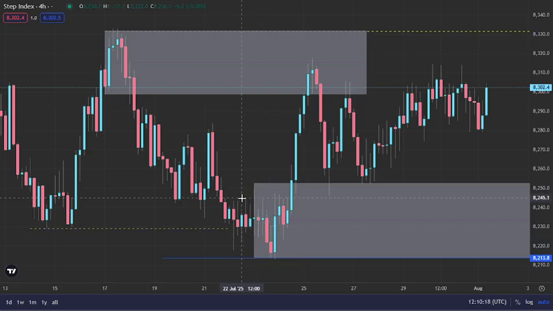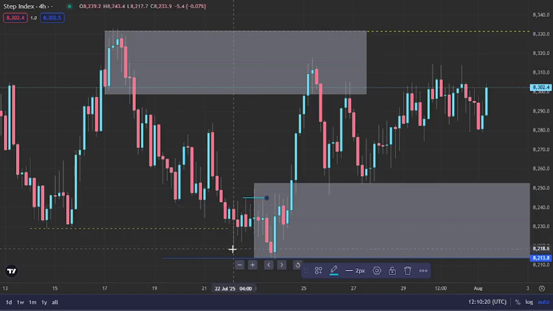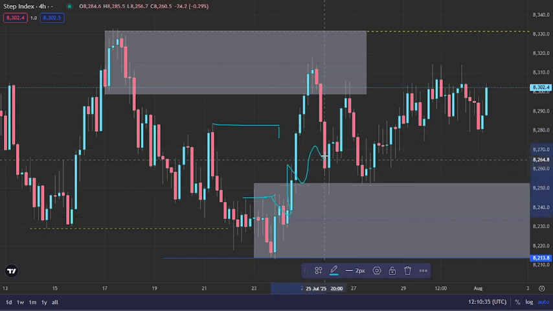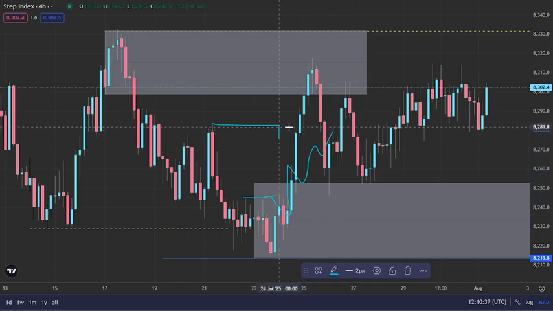Here is the strong fractal structure. Here is the weak. The moment this strong fractal breaks, it confirms that yes, the internal pullback for this structure is starting. So price can pull back, but we don't expect this one to break.